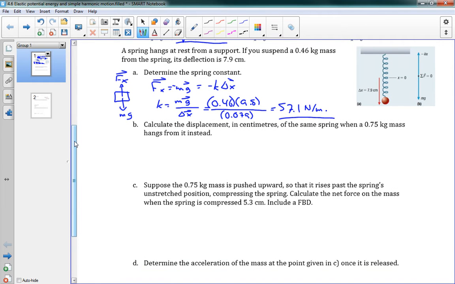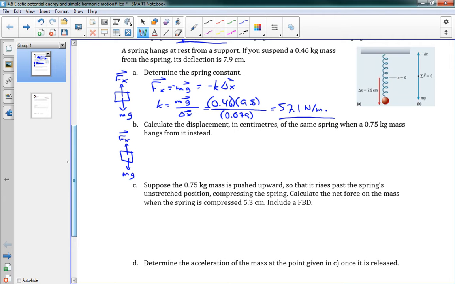Now the next step here, we want to calculate the displacement in centimeters of the same spring when a 0.75 kilogram mass hangs from it instead. So now we're going to have, again, equilibrium. And we're going to say that we have, again, our spring force, and down here we have mg.